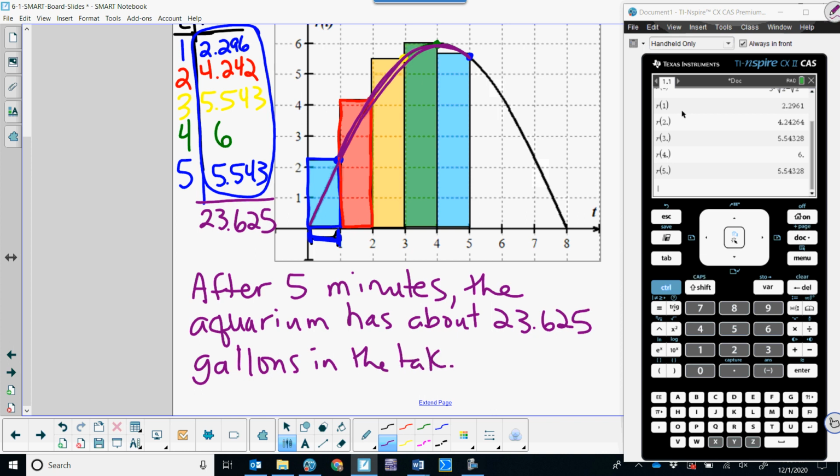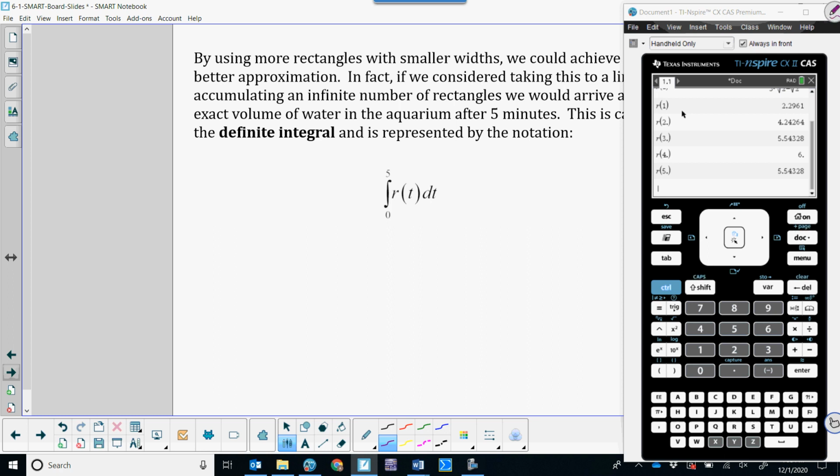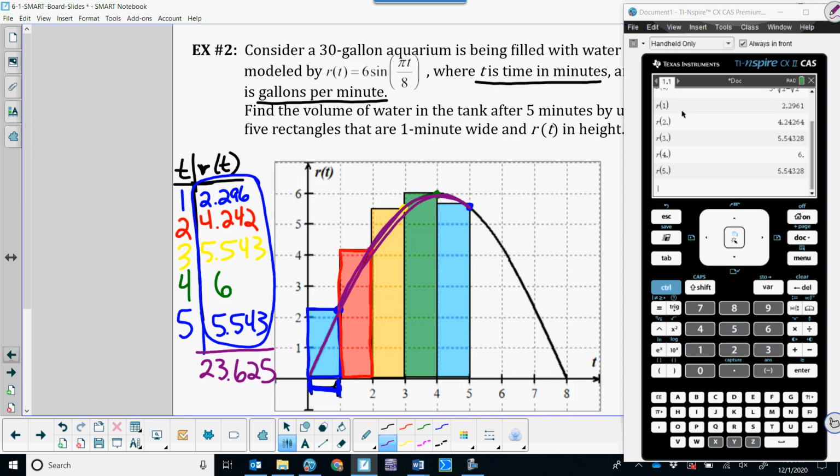Okay, so always in context of the problem and always with units and over whatever interval. So we're saying in the first 5 minutes, or after 5 minutes, the aquarium has about this many gallons in the tank.